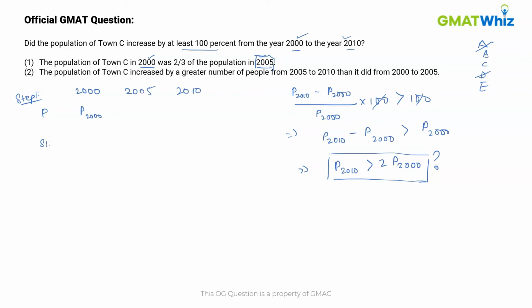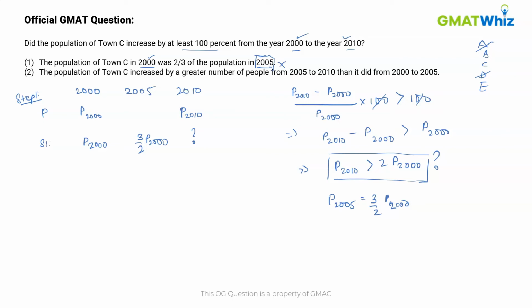From the question we had deduced that the population in the year 2010 was P2010, and from statement 1 the population in the year 2000 is P2000. For 2005 we had derived the relation P of 2005 is equal to 3/2 times P of 2000. So we have 3/2 times P of 2000, but no information about the year 2010 is given. So we discard statement 1.